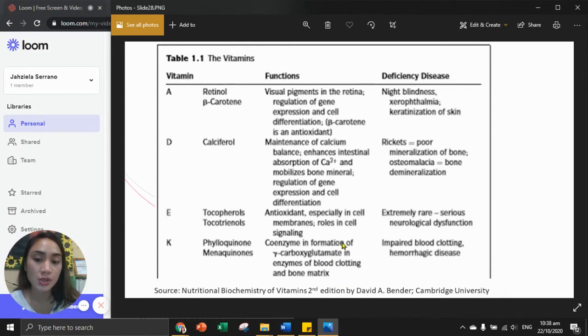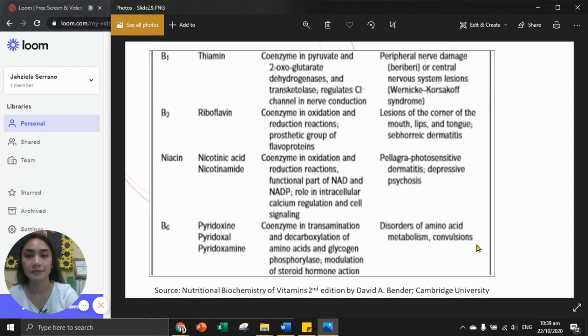So, if you search ang vitamin K, almost related rin siya with iron kasi iron is in red blood cells, no? And vitamin K is very helpful para sa blood clotting. So, dito nga sa deficiency niya, no? Hemorrhagic disease and impaired blood clotting.